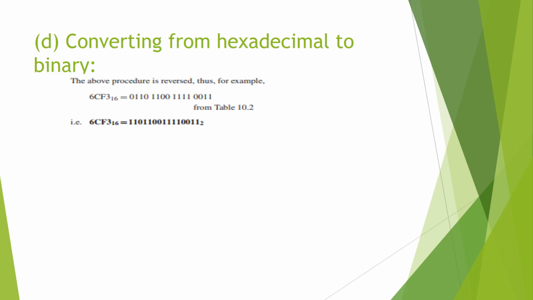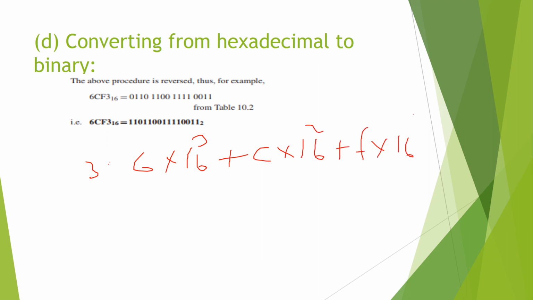We have 6CF3: 16 raised to power 0, 16 raised to power 1, 16 raised to power 2, 16 raised to power 3. So we have 6 times 16 raised to power 3, plus C times 16 raised to power 2, plus F times 16 raised to power 1, plus 3 times 16 raised to power 0.